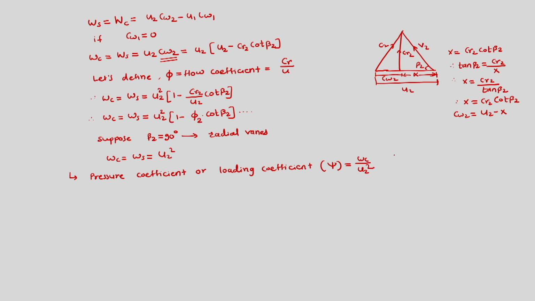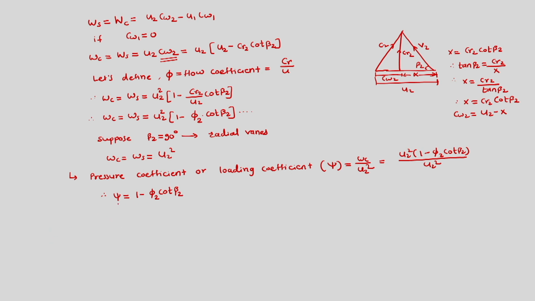So having said this, we will get psi is equal to U2 square into 1 minus phi 2 cot beta 2 divided by U2 square. So the pressure coefficient or loading coefficient is 1 minus phi 2 into cot beta 2.